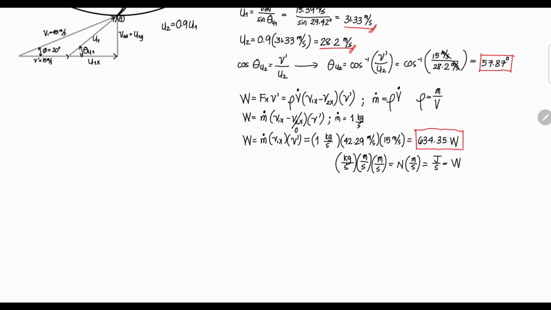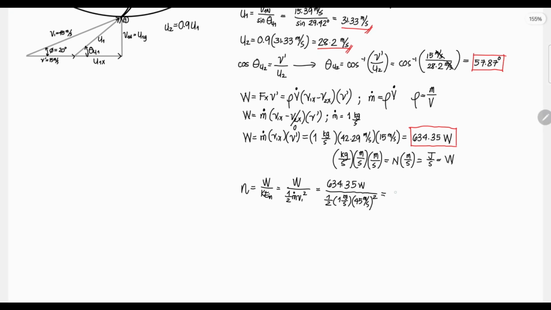634.35 watts. And to compute for the efficiency, that is work over KE in, that is work over 1/2 mass flow rate V1 squared. That is 634.35 watts over 1/2 mass flow rate, assuming 1 kilogram per second, and V1 of 45 meters per second quantity squared.